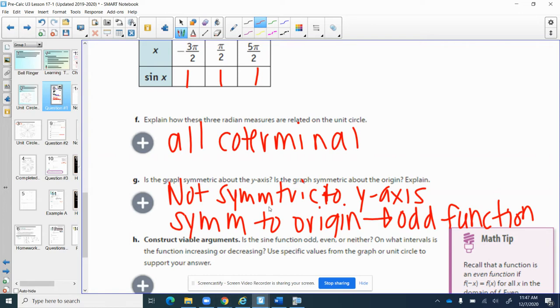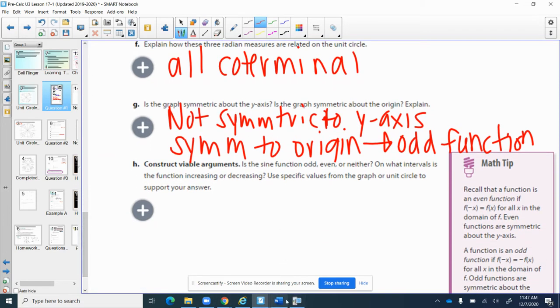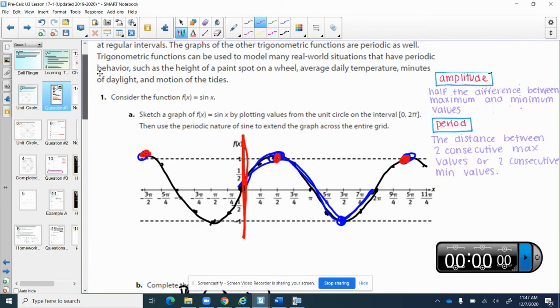Now, when we're talking about even versus odd, again, we go back with this piece being symmetric to the origin. And when we're talking about increasing and decreasing, we have different intervals in which we are increasing. So from negative pi over 2 to pi over 2, we're increasing, or from 3 pi over 2 to 5 pi over 2.